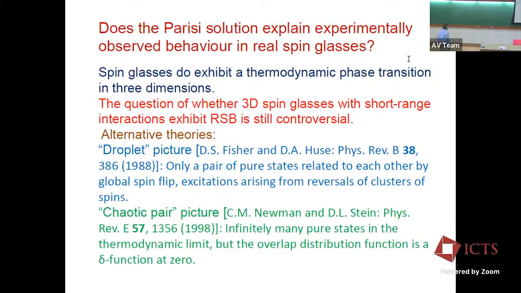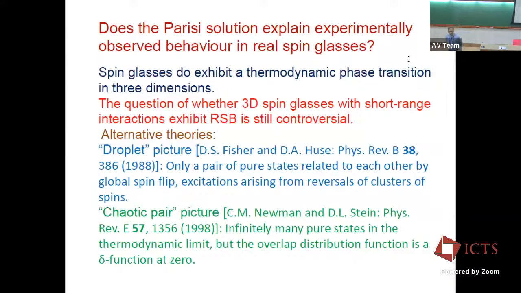And one more thing that people have tried to do, experimentally also. In this picture, since there are only two pure states, sort of like the ferromagnetic Ising model, you know that the ferromagnetic Ising model does not have any phase transition when you apply a magnetic field. The magnetic field basically kills the phase transition.